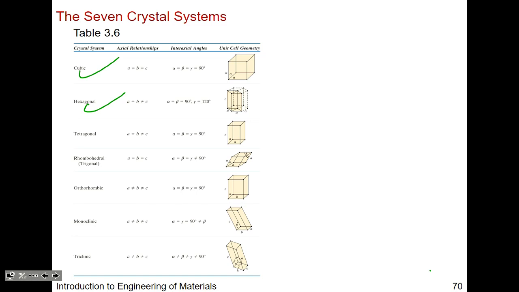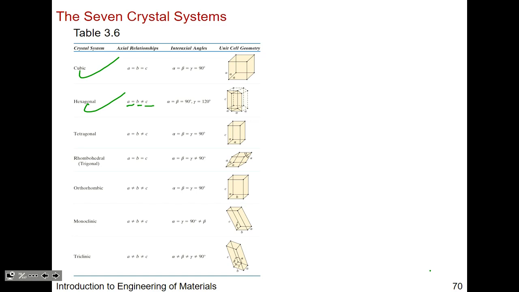And so when we talk about the lattice parameters for the cubic system, we said that all the sides are the same. So all the lattice parameters, A, B, C, are all just A, because all the sides are the same. Now, what happens when one of the sides is not the same? Well, we saw that already in hexagonal, right? In your basal plane, you have A equal to B, but that's not equal to C. Well, what happens if the angles are 90 degrees all throughout your unit cell?